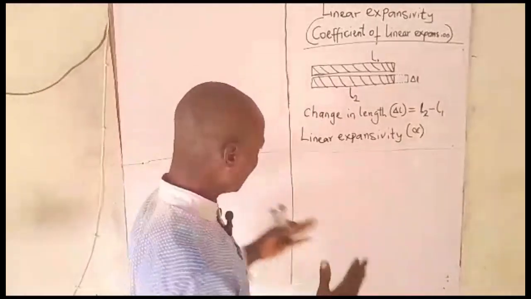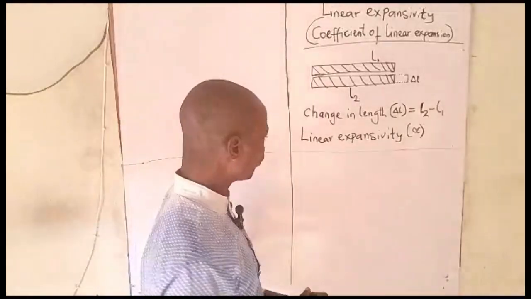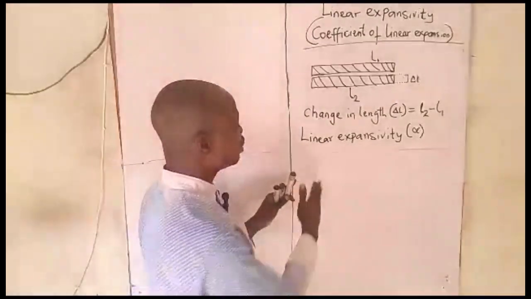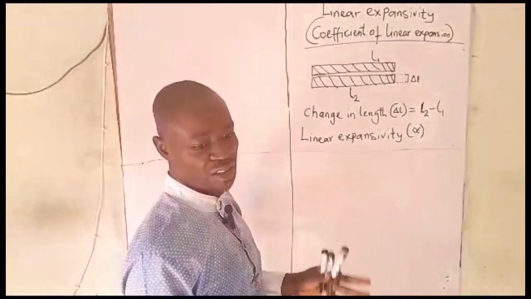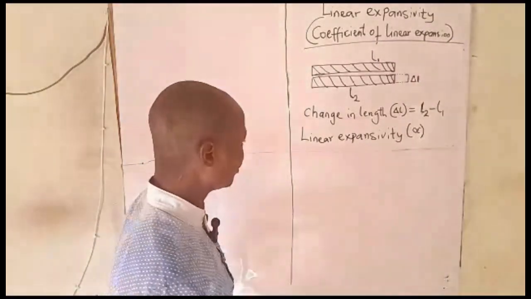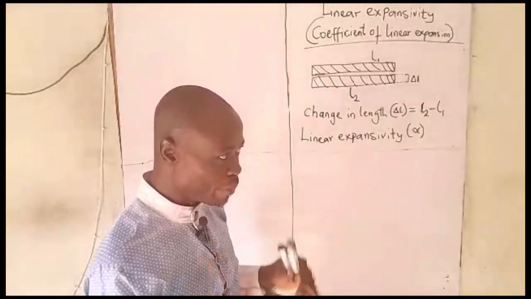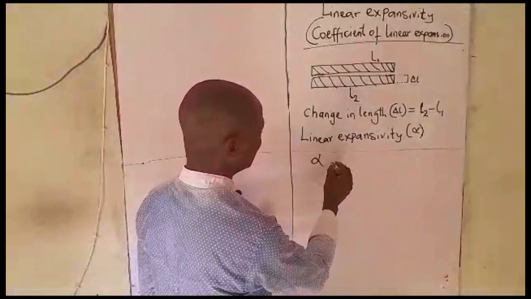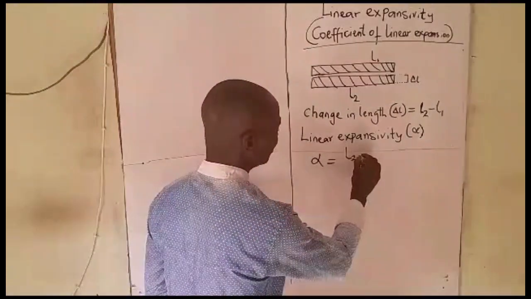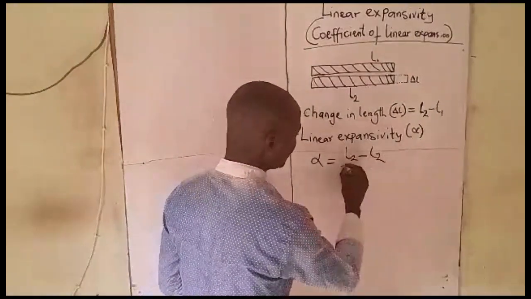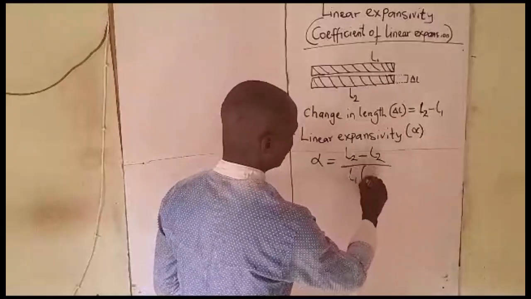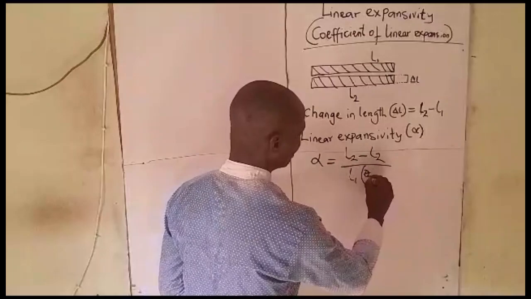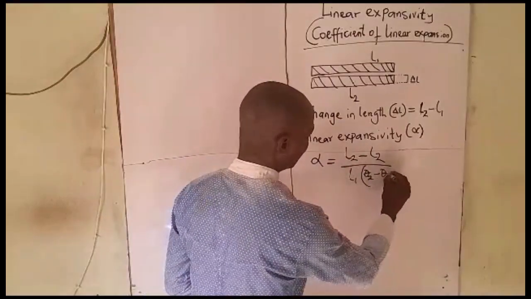And then what is the linear expansivity? From our understanding of linear expansivity, we know that linear expansivity is the increase in length per unit length per degree rise in temperature. So doing that mathematically, we have that linear expansivity is increase in length over original length multiplied by the change in temperature, which is theta 2 minus theta 1.